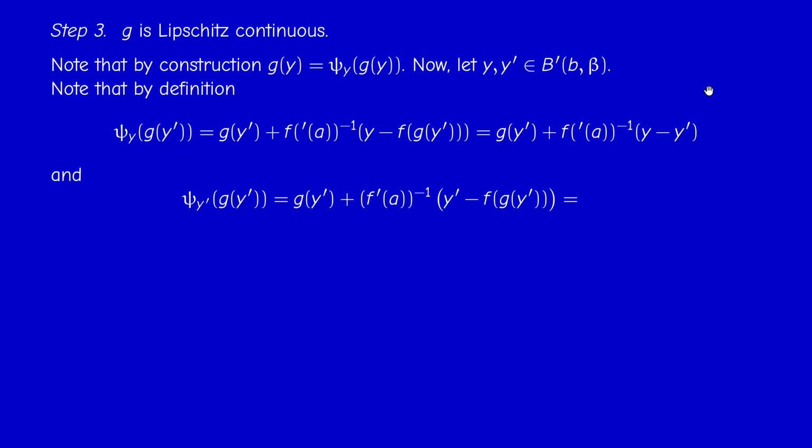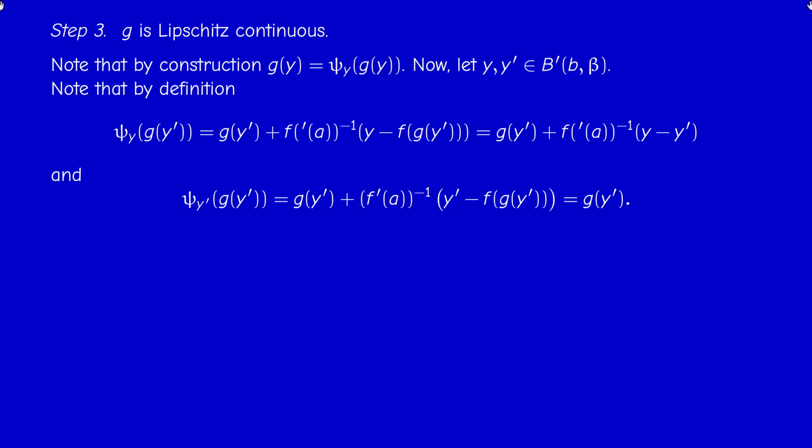This is the first thing. And what about psi y prime of g of y prime? Same thing. It's g of y prime, the argument here, plus the inverse of the derivative times y prime, this y prime comes from here, minus f of g of y prime. And this is again y prime. So I get y prime minus y prime. So this is 0, and therefore I get g of y prime.